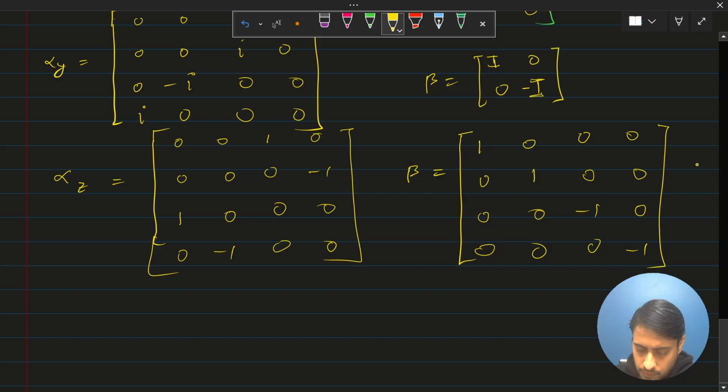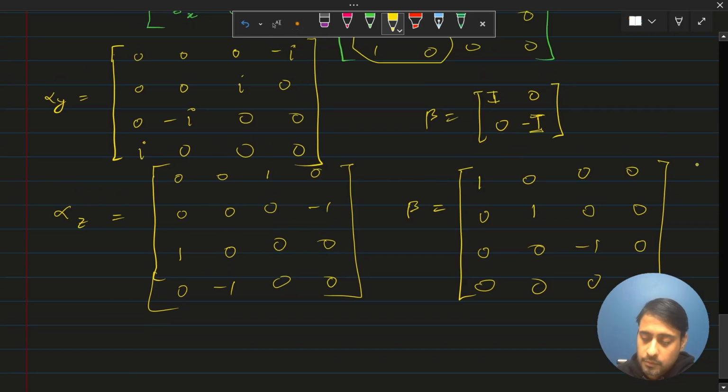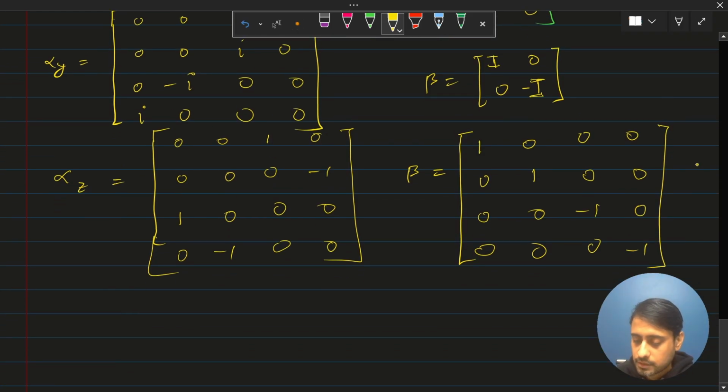So for the simplest case, this results in 4 dimensions. Okay, so this was taken as the possible structure of the alpha and beta matrices.